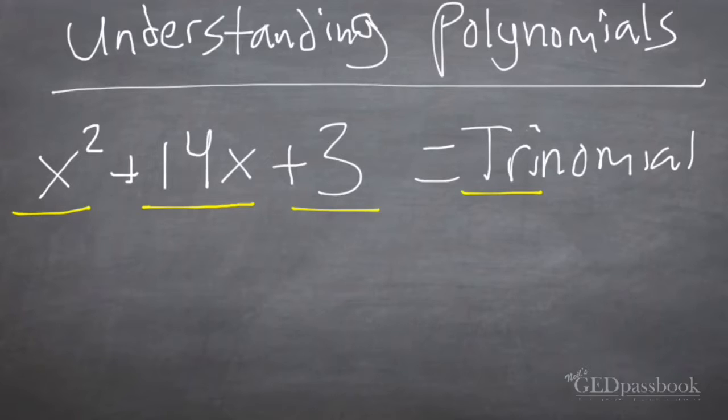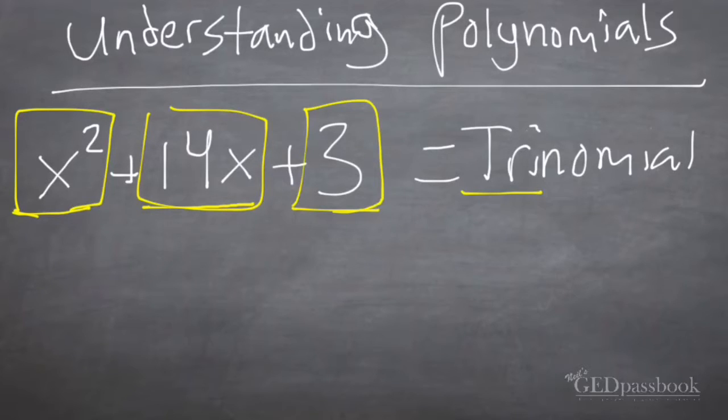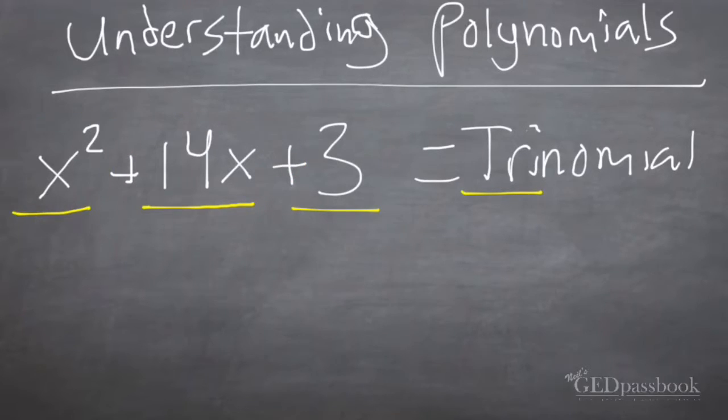A trinomial. Now, why is this considered 1 and 2 and this being 3? Well, because it's being cut from one another by the operation symbol, the plus or the minus or whatever the symbol is. It's actually being separated from one another through those operations.